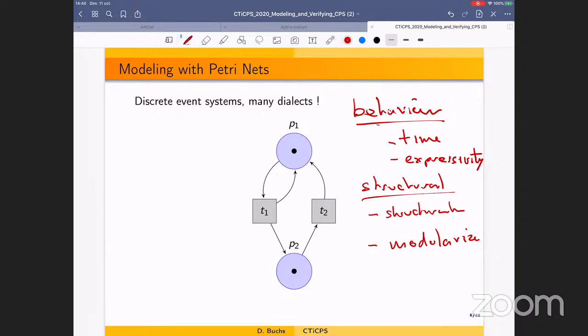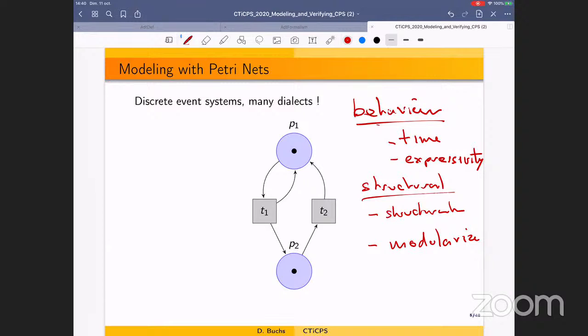So there are many dialects. I just mentioned a few ideas that have been introduced, but I don't want to do a summary of all possible PetriNet definitions. What is important to mention is the fact that all PetriNets have in common the fact that the state is distributed over substates, which is a notion of place.